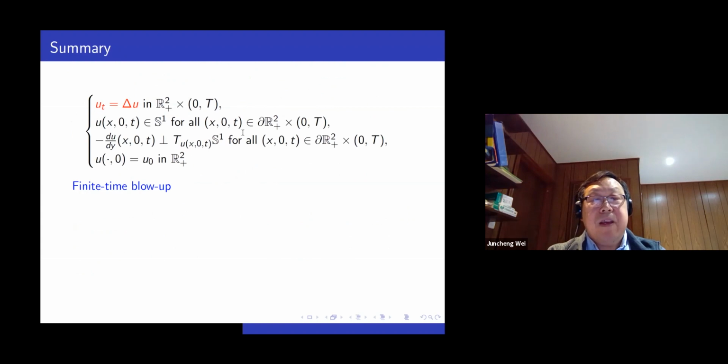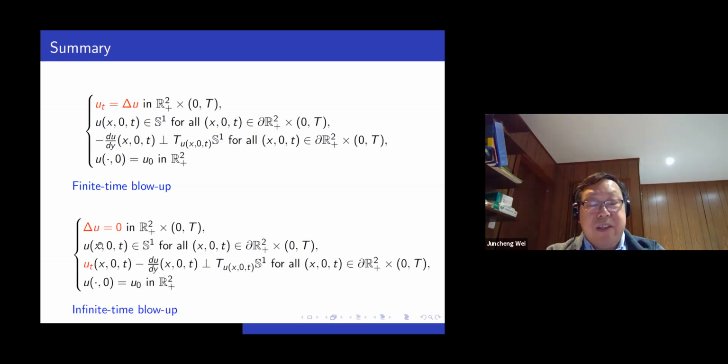So let me summarize for the half-harmonic map. If your u_t is upstairs, so this will be harmonic map with a free boundary, then you have finite time blow-up.